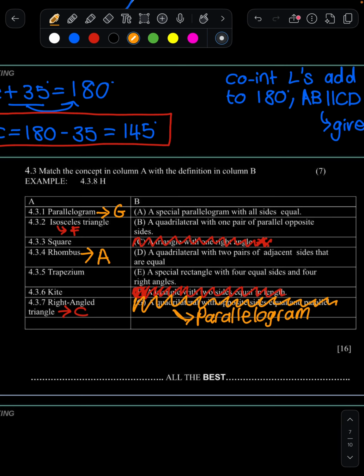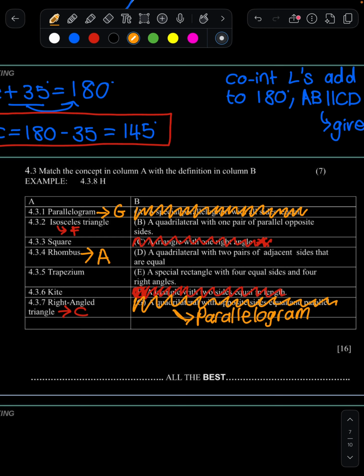So you can see you really need to know these definitions because they can be quite tricky. A trapezium is a quadrilateral with one pair of parallel sides. So you can see it's a little bit tricky, this one. A kite is a quadrilateral with two pairs of adjacent sides that are equal.